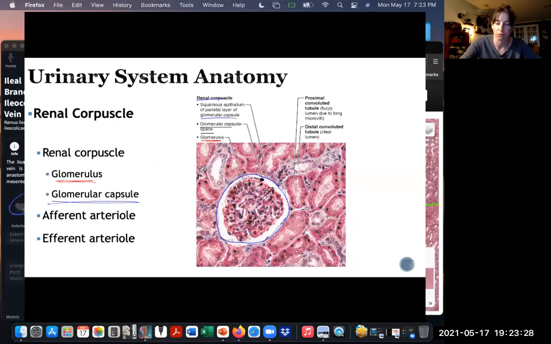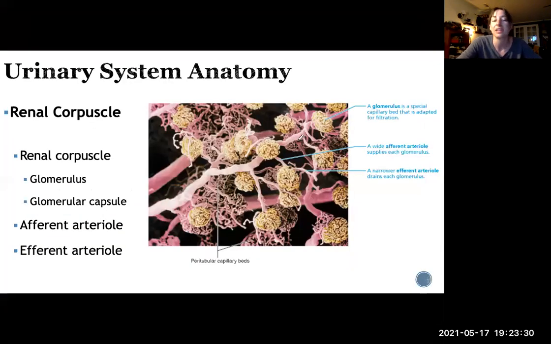All right, moving on. One more electron micrograph image of the same thing. So basically all of the nephron tissue, the connective tissue, has been removed, and this is all just blood vessel tissue, okay? So this is glomeruli. Each one of these is a glomerulus, and you can see an afferent and an efferent arteriole entering and leaving each one, which is pretty awesome.